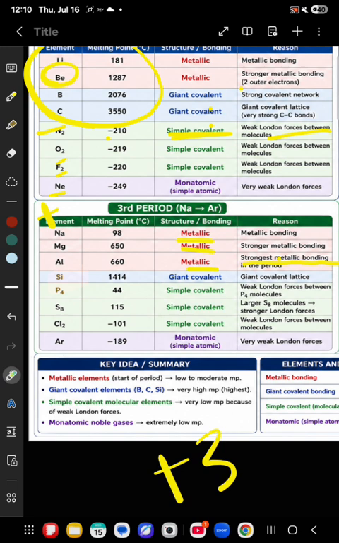But there you can see there is an exception. From phosphorus to sulfur, there is a small increase in the melting temperature. Why is it? Because sulfur exists in the form of S8. The S8 molecule has 8 atoms of sulfur, so this molecule is larger than P4. So that's why its melting temperature is slightly higher than phosphorus.